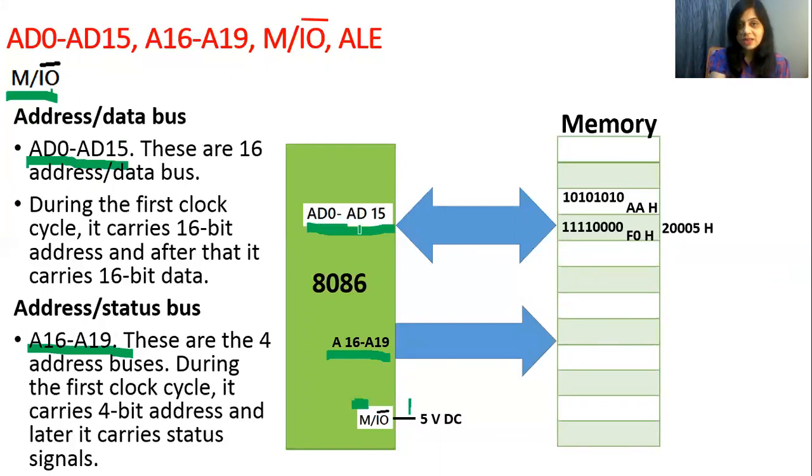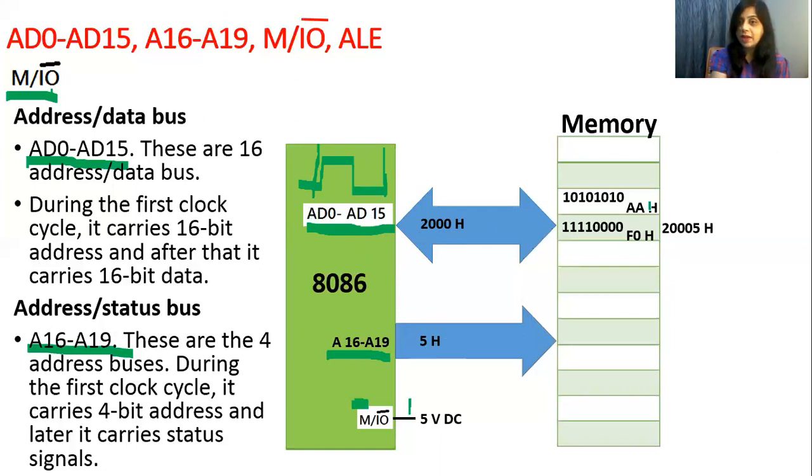What does this bus do in the first clock cycle? I told you this is one T state. At the first T state of the clock cycle, 8086 transfers address on this pin.